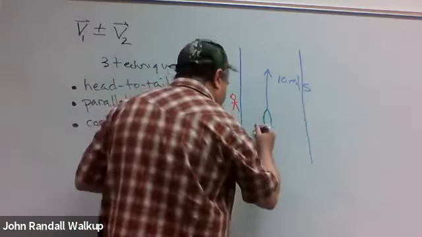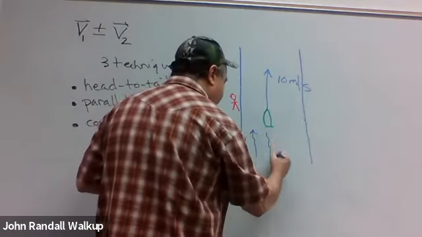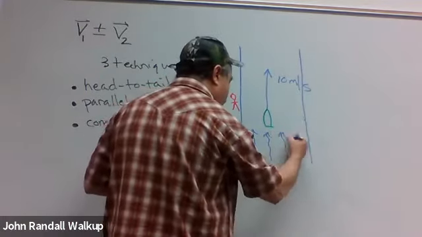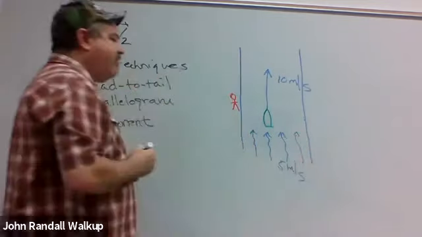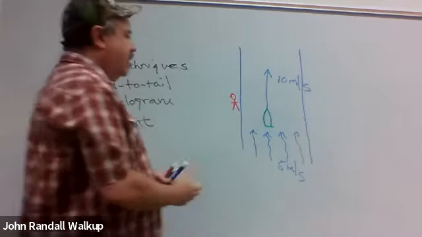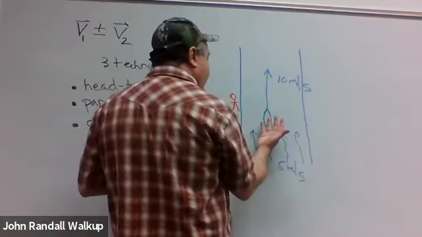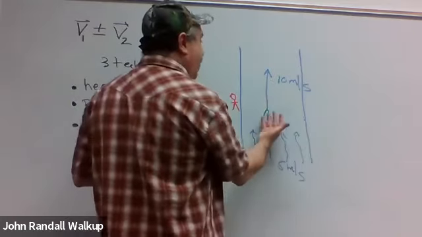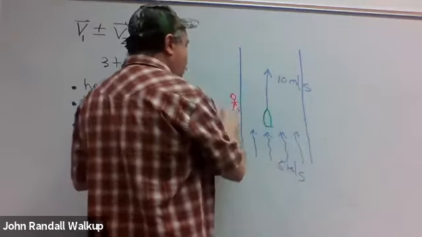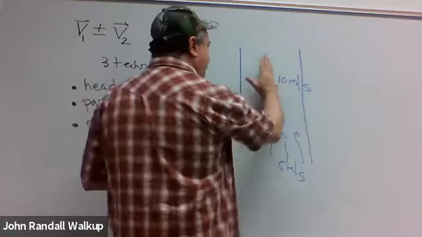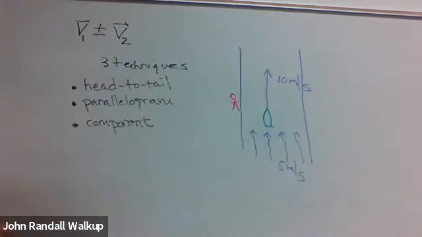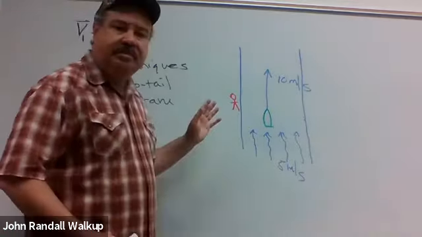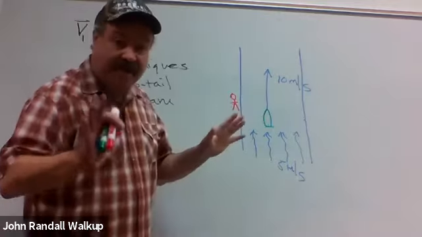Now, what if we turn the water on, at 5 meters per second? Then this boat is going to get a tail current, which is going to make it go faster. This person will see this boat traveling down the stream at 15 meters per second. Does that make sense? Hopefully that makes sense.